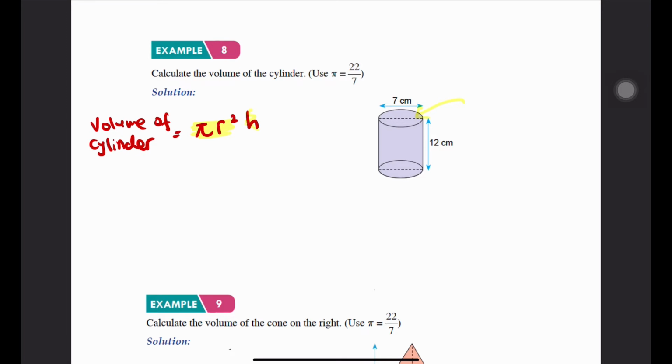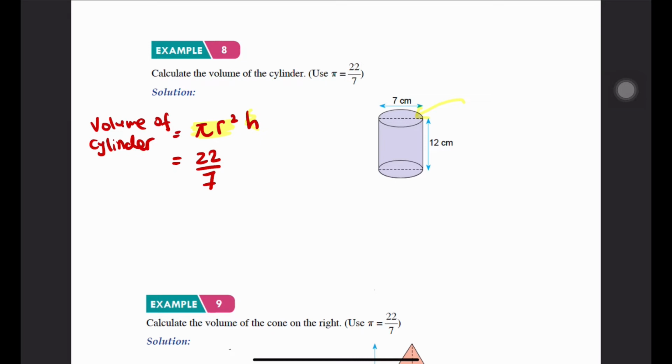Now, pi is 22/7. Remember, every time you meet something that deals with circular shapes, there will be a pi.